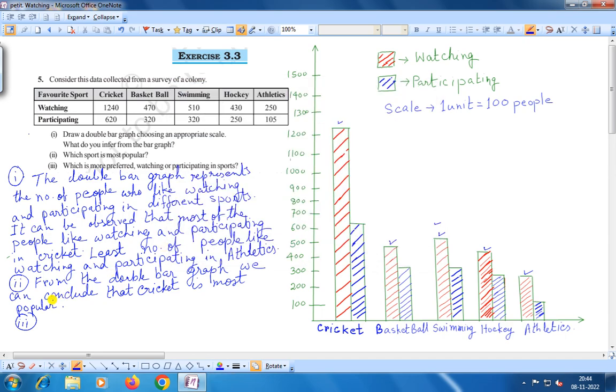Therefore, the bars representing watching sport are always longer than the bars representing participating in sport.